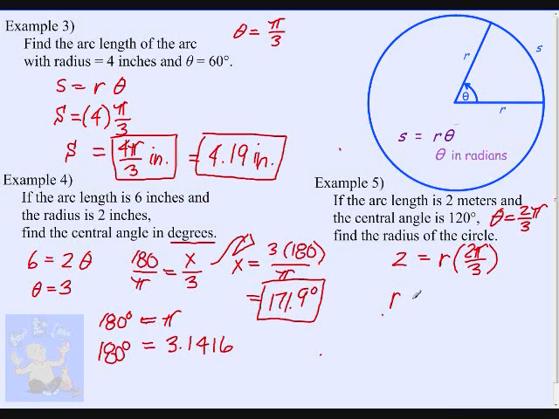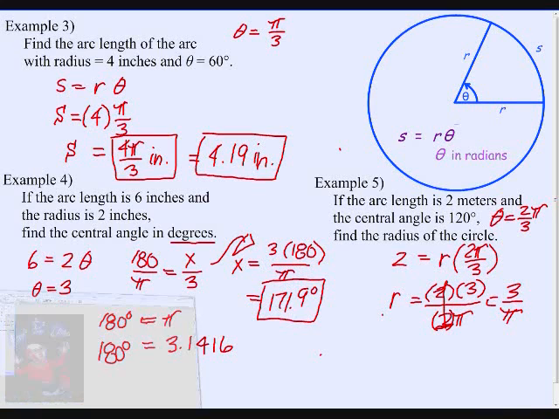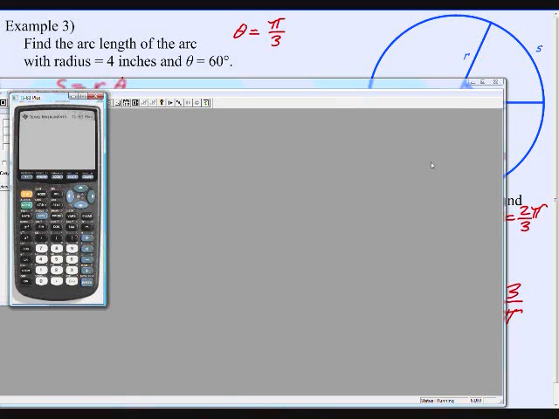So r is equal to 2 times 3 divided by 2 pi. 2 over 2, of course, is the same as 1. So this is all equal to 3 divided by pi. Let's pull up our calculator so we can get a decimal answer, something that maybe makes sense to us.